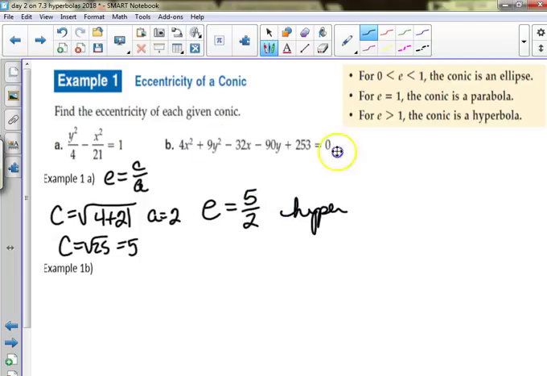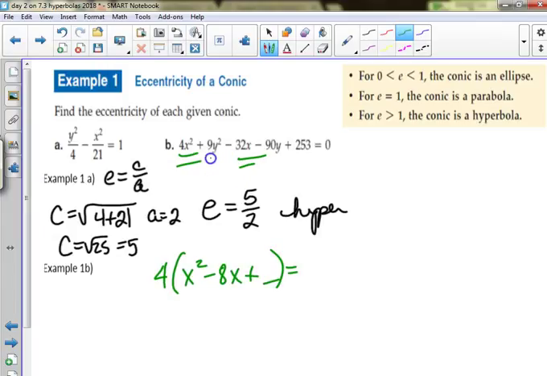Okay, what's going on in b? Complete the square for fun. Okay, what can we take out of the x's? 4, x squared minus 8x plus blank equals, what are we taking out of the y's? So we have plus 9. What's that telling you it's going to be?